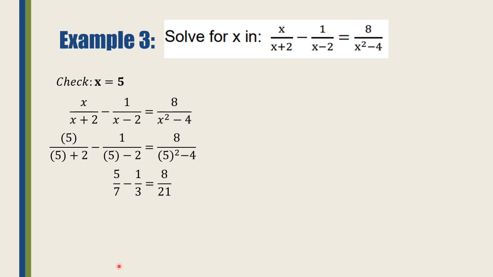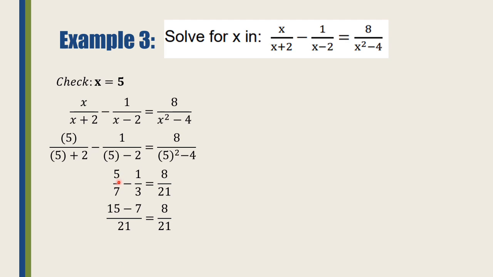Then simplify. So 5 over 5 plus 2, that is 5 over 7, minus 1 over 5 minus 2, that is 1 over 3, is equal to 8 over 5 squared, that is 25 minus 4, that's 21. So we have 8 over 21.